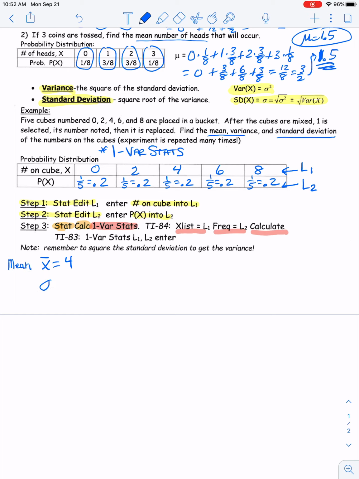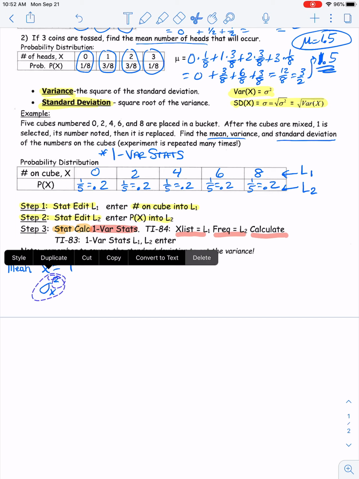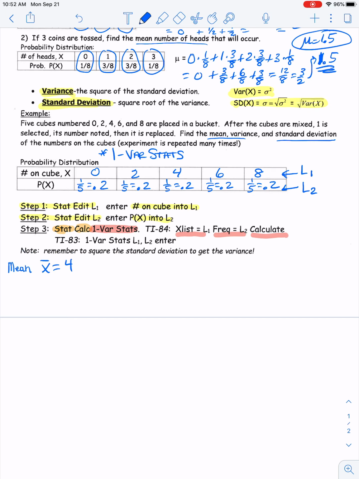The standard deviation comes out, my bad here, hold on, gotta erase that. We'll fix it. All right, so it says sigma x, it's like a rounded looking thing, and that's actually your standard deviation.